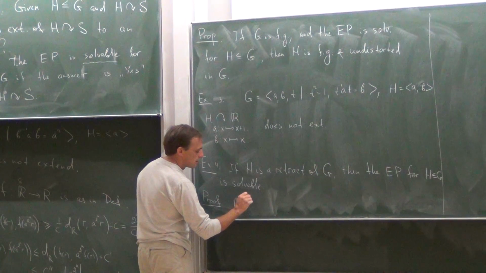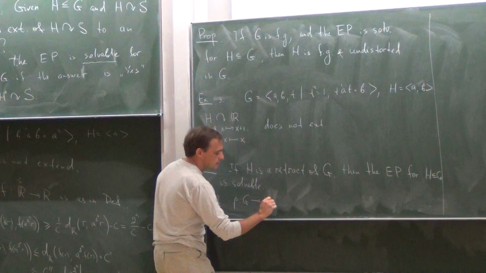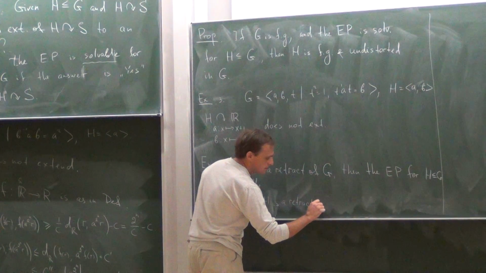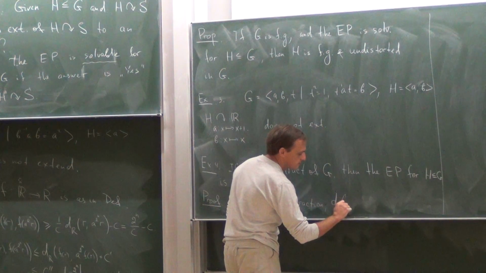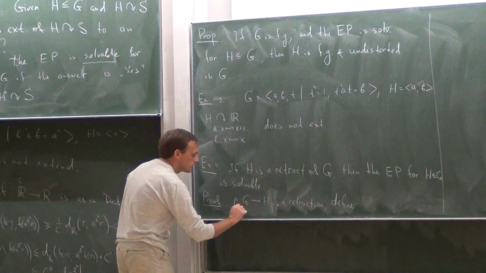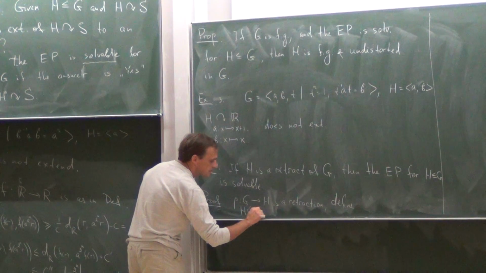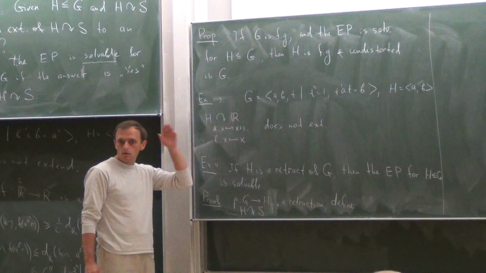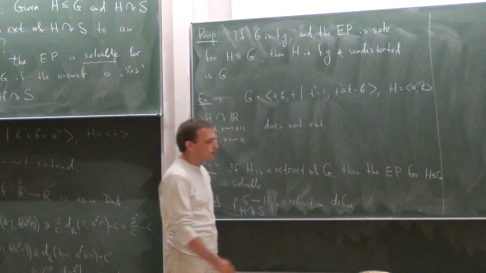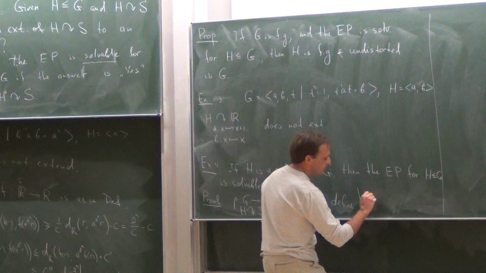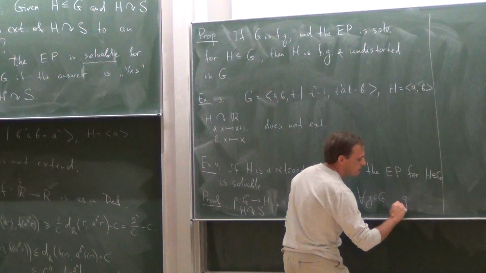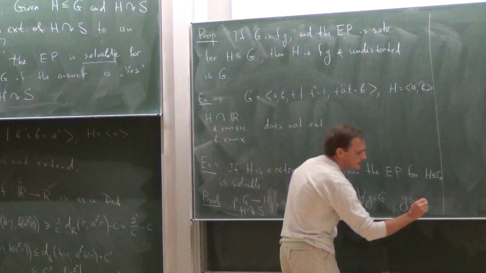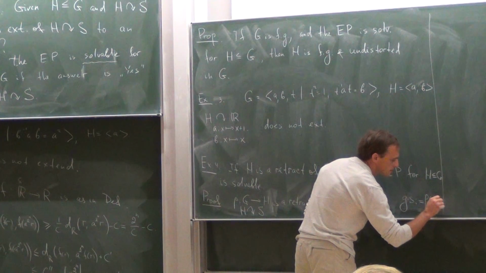If rho from G to H is a retraction, and H acts on some metric space S, we define an action of the whole group on the same metric space S by just factoring through the action of H. So for every g in G, we define the action of g on a point s from S by g s equals rho of g s.